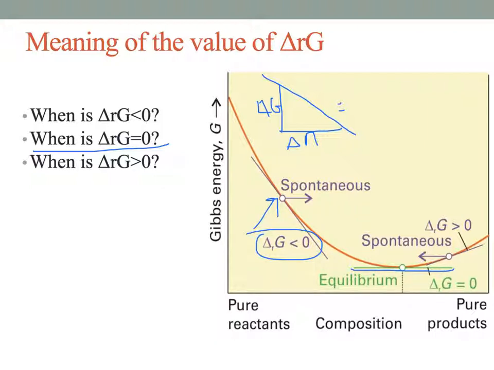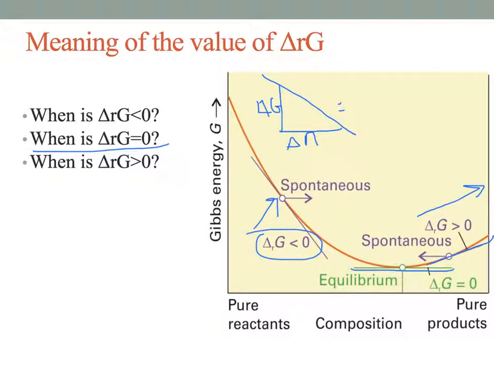And over here, graphically, we see that the slope is positive, which means that delta reaction G is greater than 0. So therefore, we have a non-spontaneous reaction. When delta G is greater than 0, the reaction going in this direction is not spontaneous. But as you can see, represented by this little arrow right here, it will be spontaneous in the opposite direction.